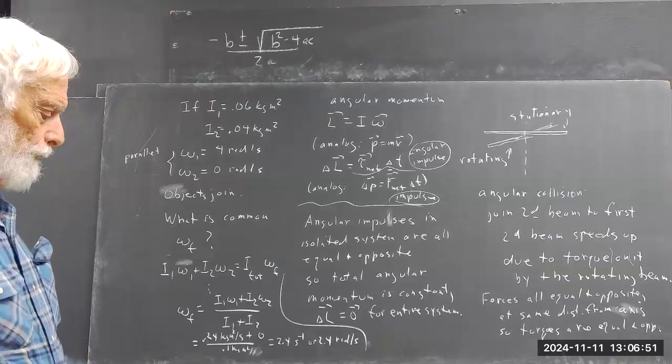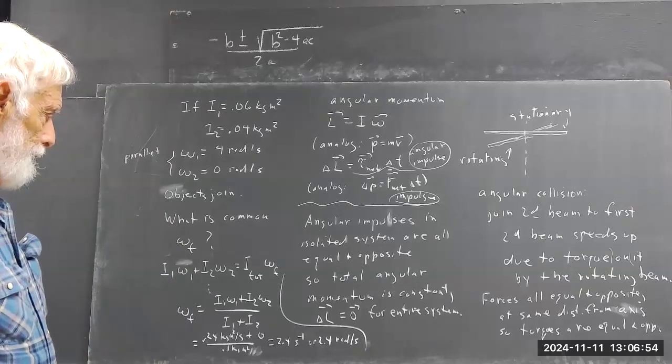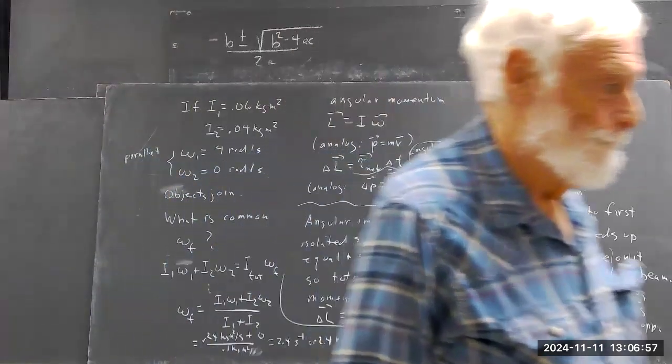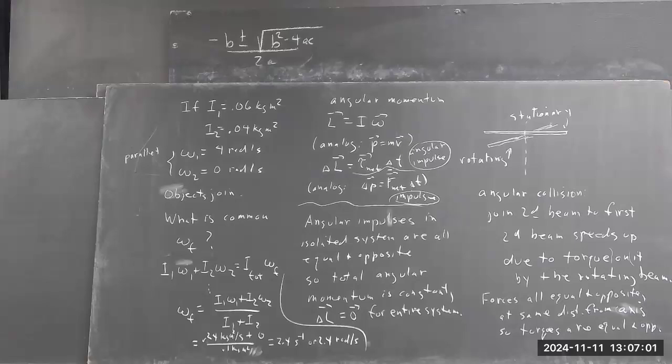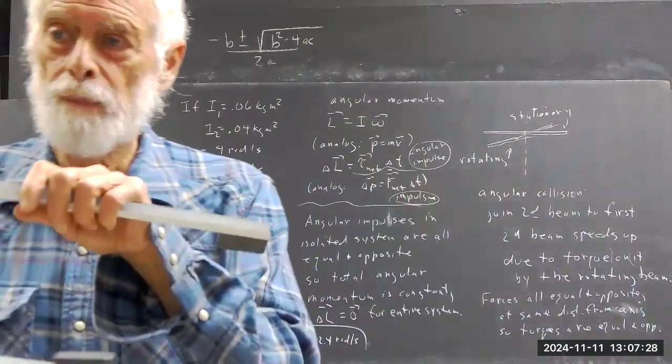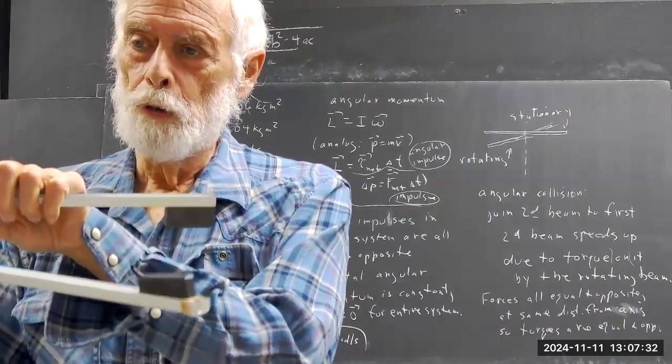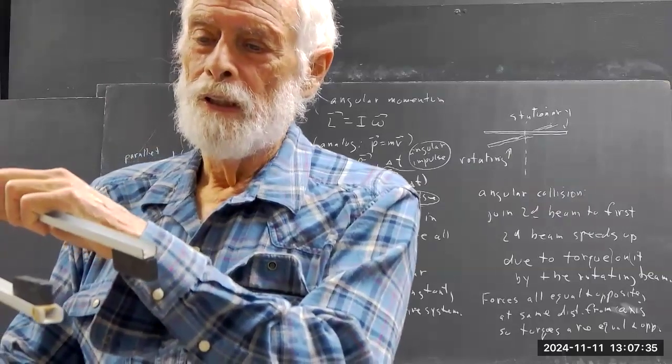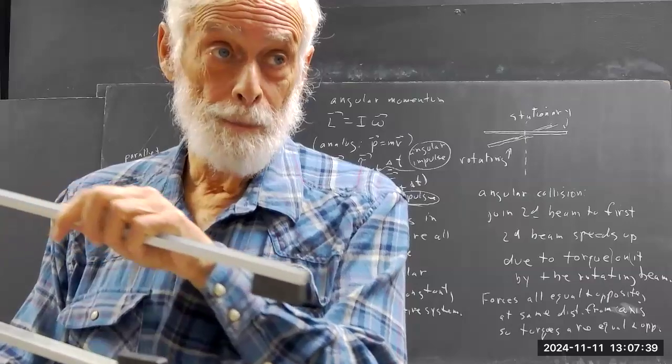Now, if these things were rotating like so, I see the two magnets, and when I get close enough, those magnets are going to repel each other, right?